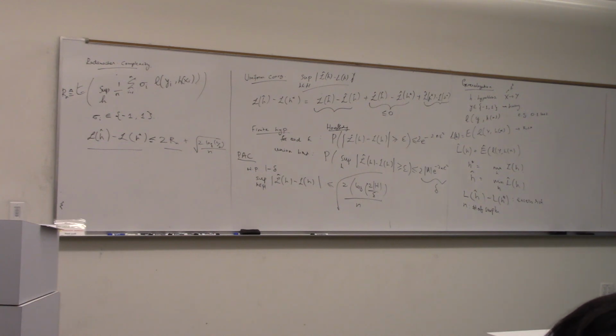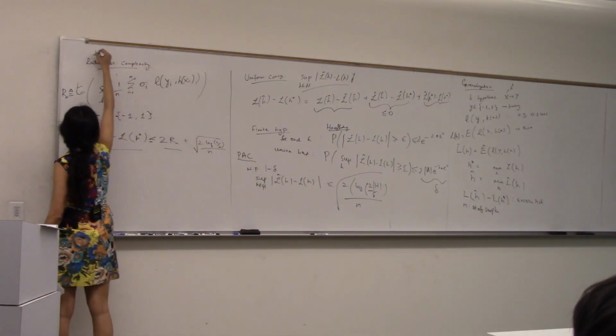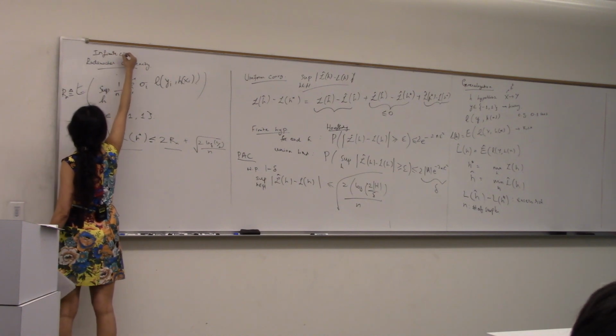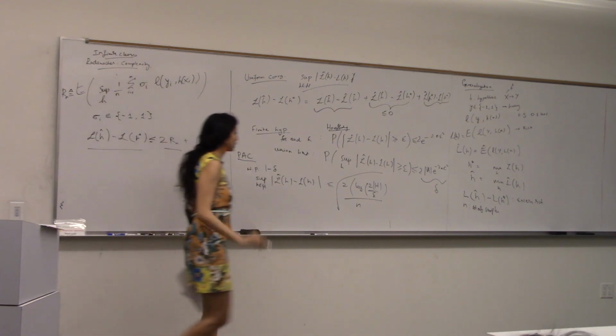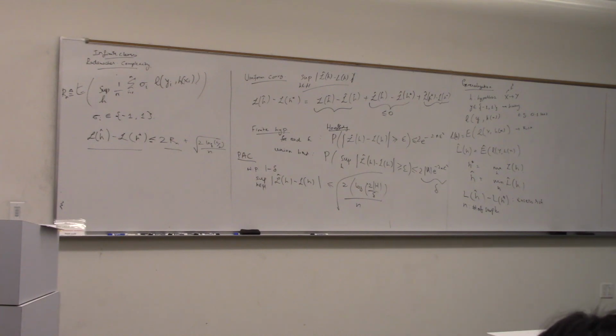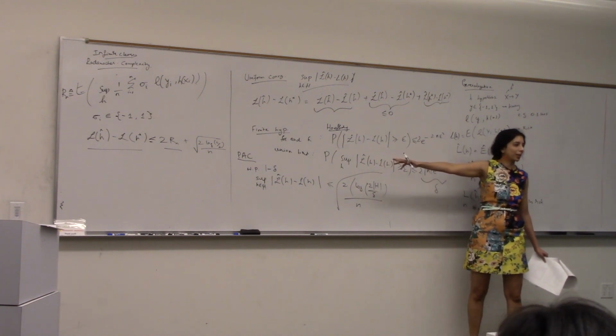This is different: this is the finite hypothesis case, and that's now the infinite hypothesis case. So it's an extension of this bound to infinite classes. Instead of this log of the number of hypotheses, I have this Rademacher complexity.